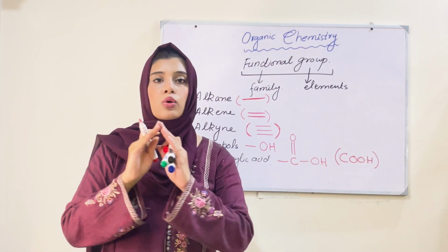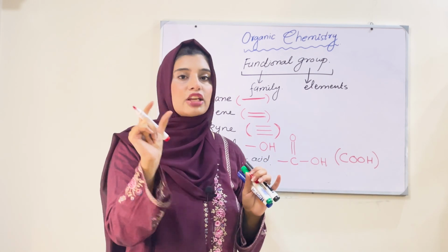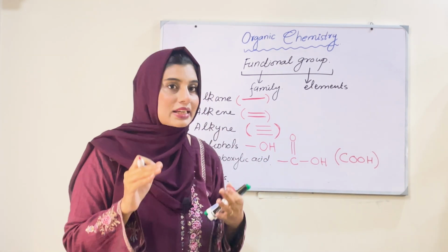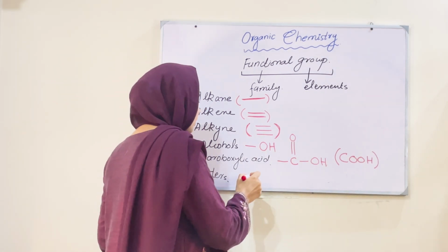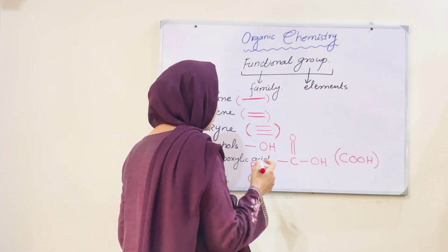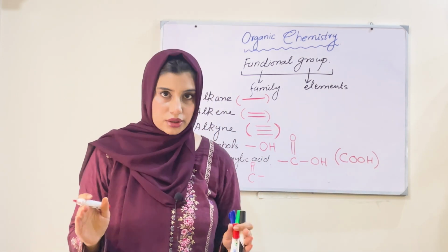That means the whole compound can be anything, but if you observe any COOH, this is the family of carboxylic acid. Ester, whenever carboxylic acid is combining with alcohol, this is known as ester.